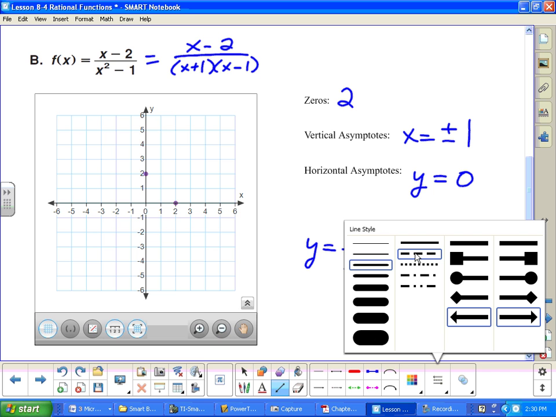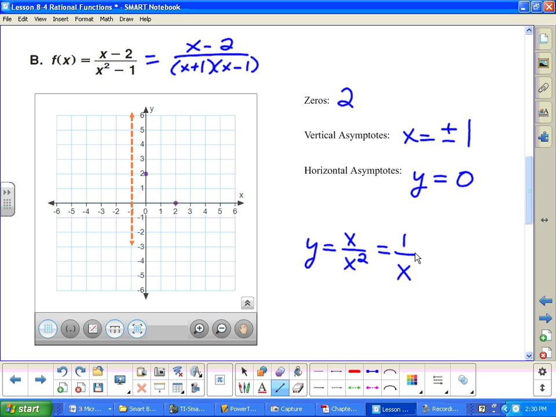Okay? Now, our vertical asymptotes are at plus or minus 1. So I'm going to draw a vertical asymptote, a dotted line, through negative 1 and through positive 1. And then I have a horizontal asymptote at y equals 0.